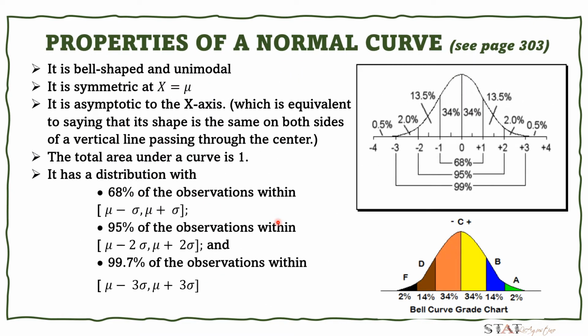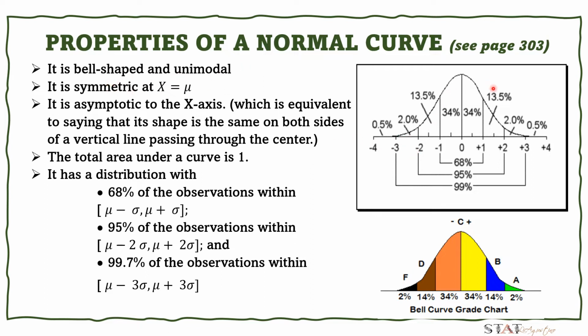And let's learn the properties of a normal curve. Let's not compute how the normal distribution has the certain function or formula in the previous slide, but let's just see its application. You can also see that in page 303 in our textbook. So it is a bell shape and unimodal.